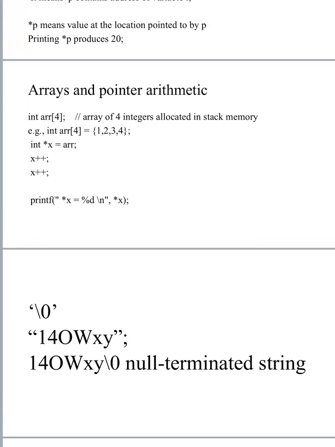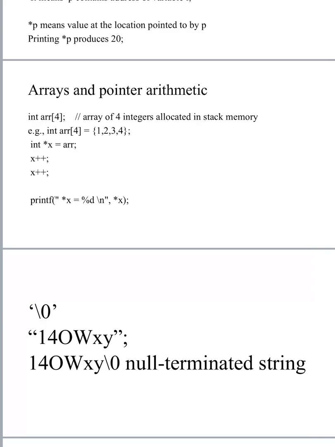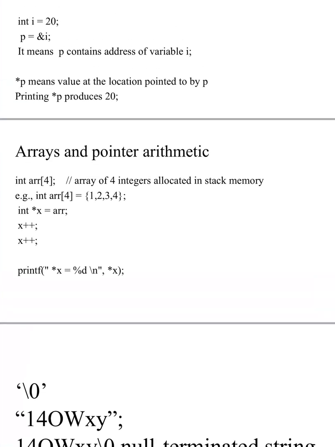So for this pointer arithmetic example, here let's go through it. There is an array, and the array contains 1 2 3 4, and pointer x is equal to ARR, the name of the array. With respect to arrays, you have to remember that the name of the array acts as the address.